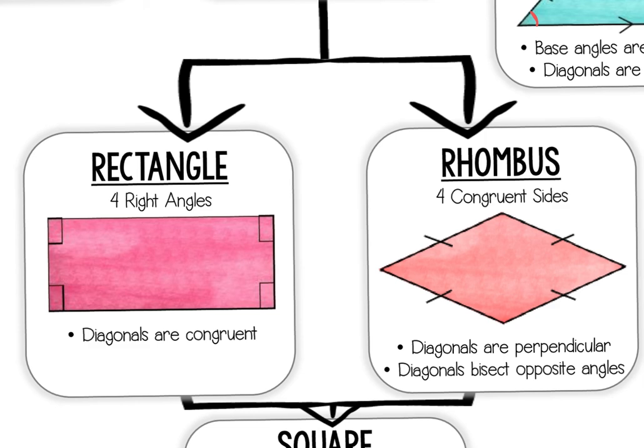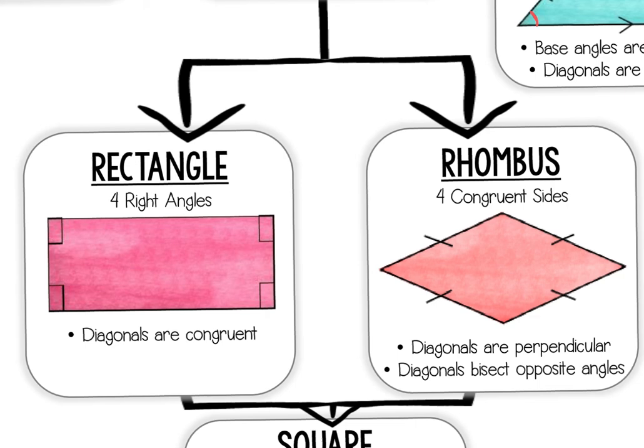For a rhombus, it does not have the 4 right angles. It has 4 congruent sides. It has all the characteristics of the parallelogram as well. The diagonals do bisect each other. However, the diagonals are also perpendicular. So they are perpendicular bisectors of each other. They bisect at right angles. The diagonals also bisect the angles themselves.